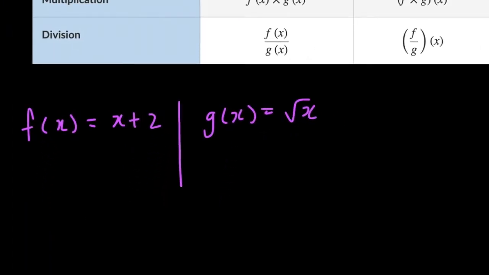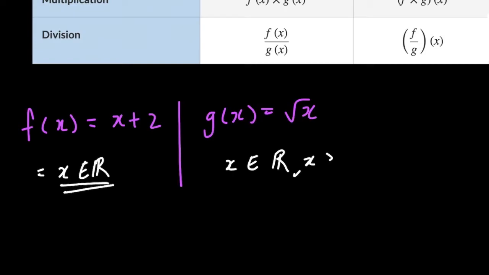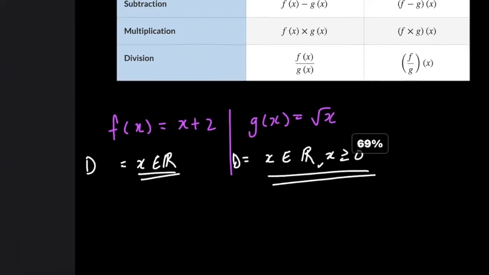So the domain for f is x is all real numbers, and the domain for g is x is all real numbers, but x has to be greater than or equal to 0. So this is the domain for each of these functions.